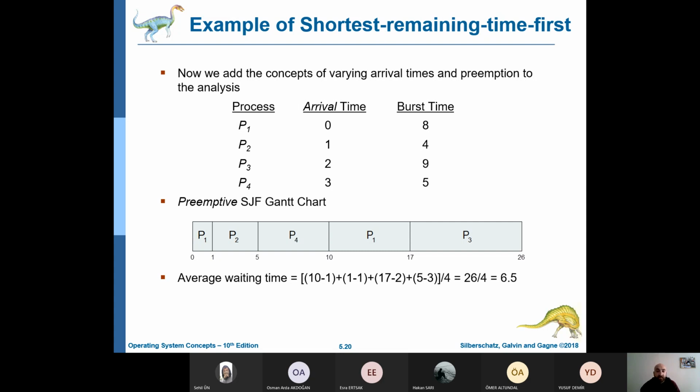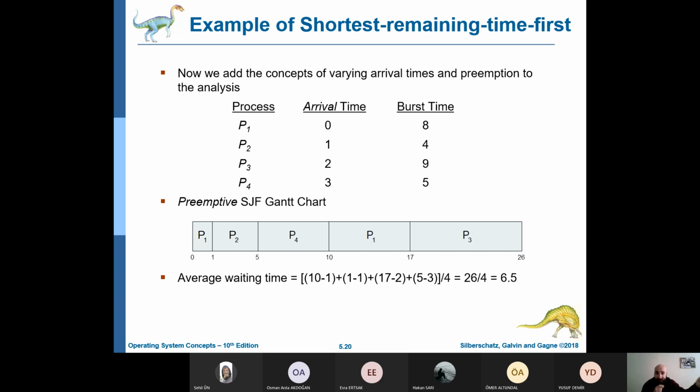Any questions? So in here, instead of the total amount of burst times, we are comparing the remaining time. Let's say I'm already executing a process with burst time 8.